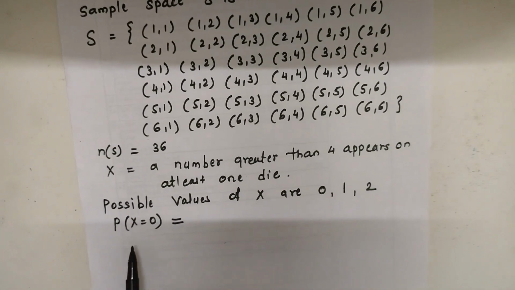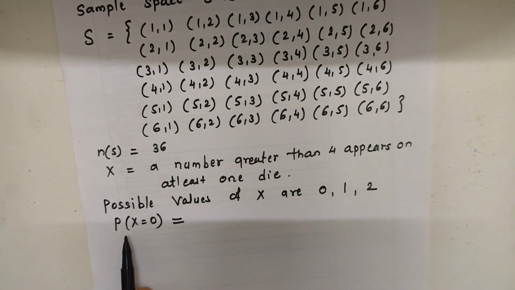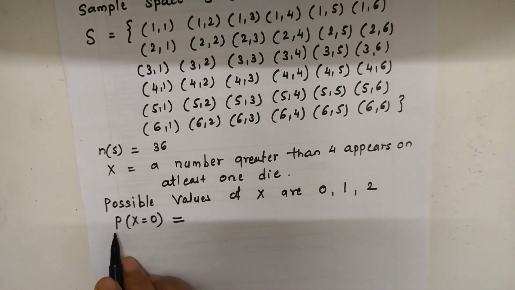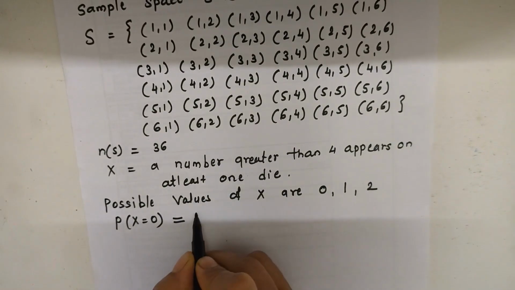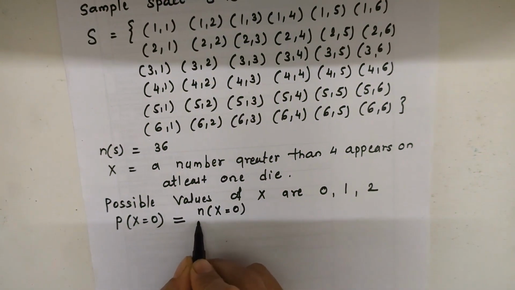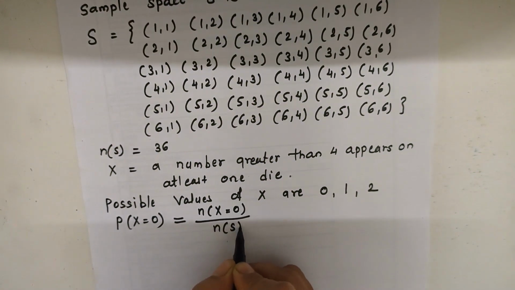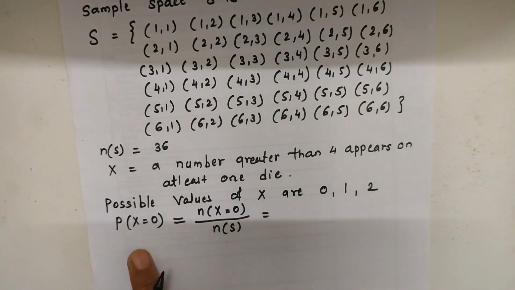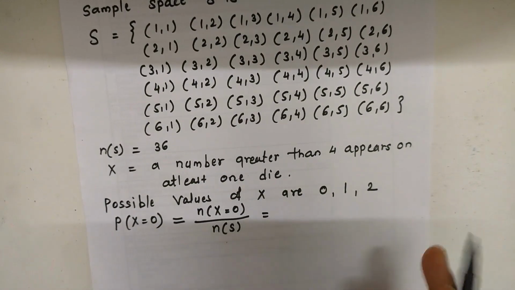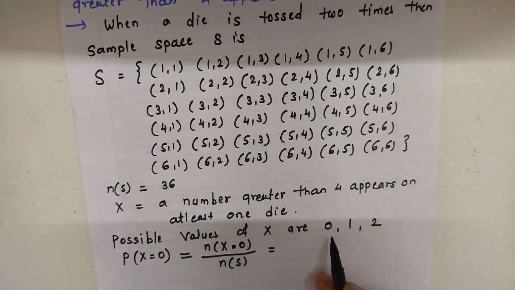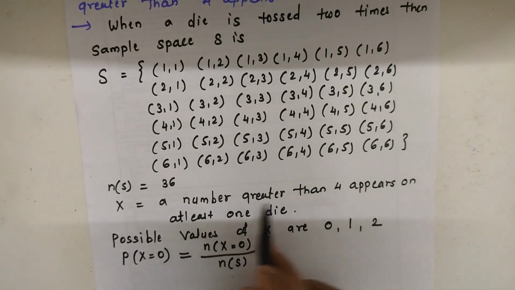First, find the probability for X equal to 0. We know that probability is the number of sample points for X equal to 0 upon the total number of sample points, n of S. X equal to 0 means both the dice don't show a number greater than 4.